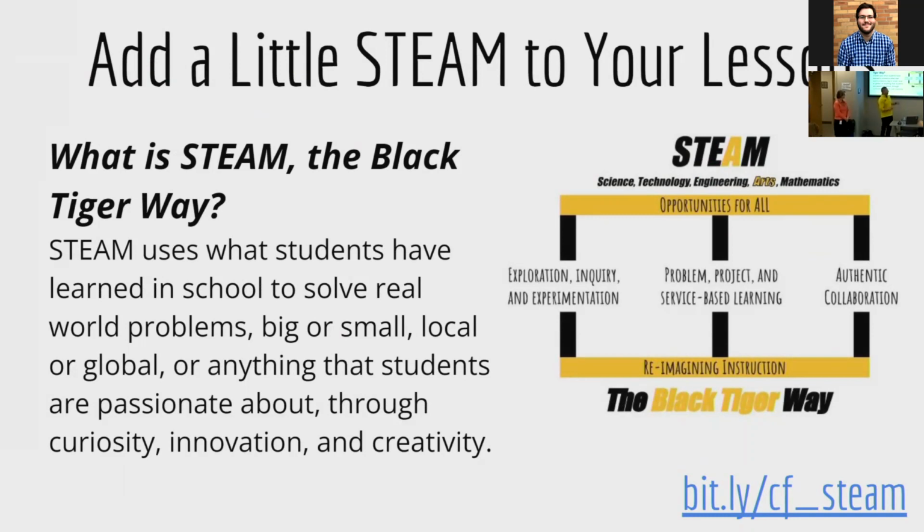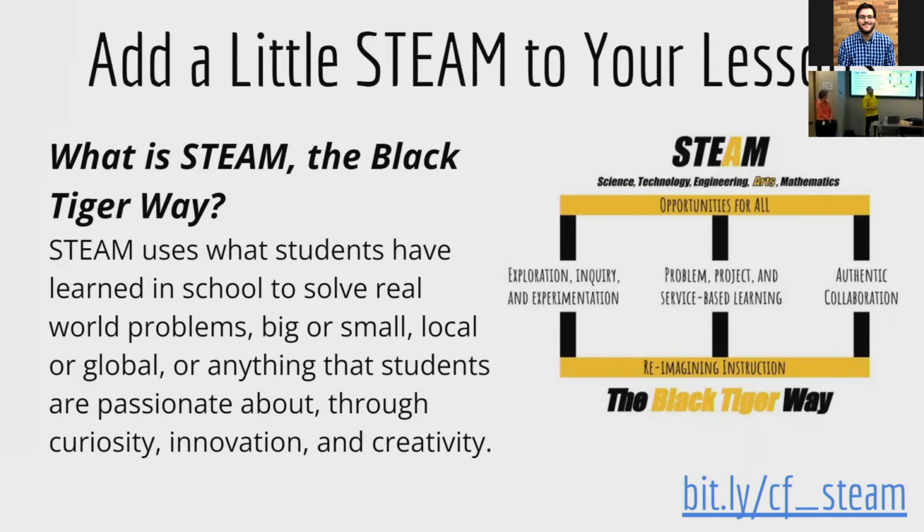And really we wanted a visual to look at some of our district goals and then add these pillars in. One of our district goals is opportunities for all, whether it's the bottom of a signature, Cuyahoga Falls, opportunities for all. And so with STEAM, we really wanted opportunities for all in these 3 main categories.